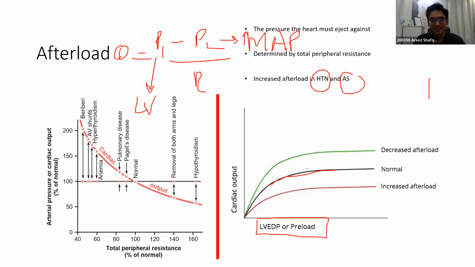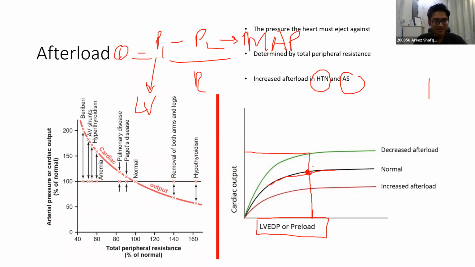That means for the same amount of preload, let's say I have a preload here, but I vasodilate, and this way my blood pressure drops. That way the heart will have to work less to pump blood. That means cardiac output will increase. So if I decrease resistance, my afterload, my cardiac output will increase here.